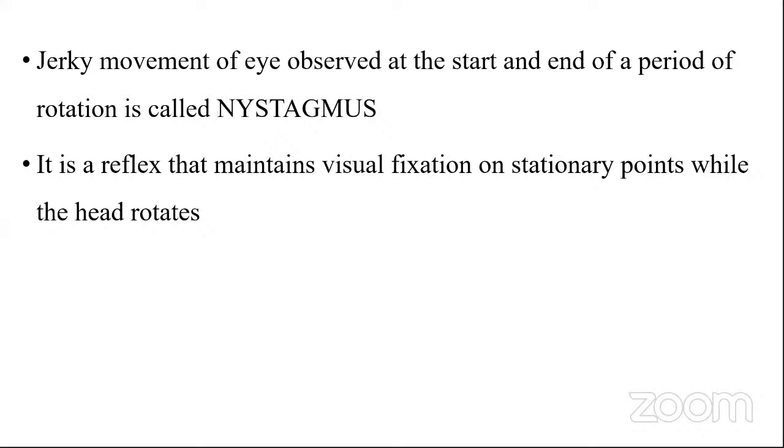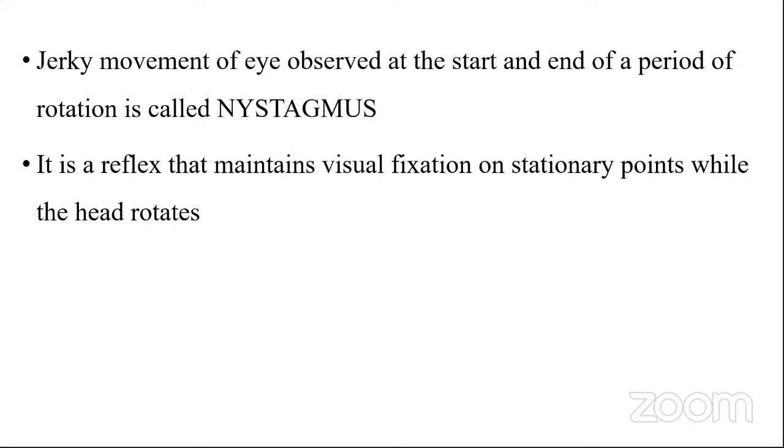Usually there are different types of nystagmus. The main type we test is lateral or horizontal nystagmus. We move the eyeball to one side, to the right side.